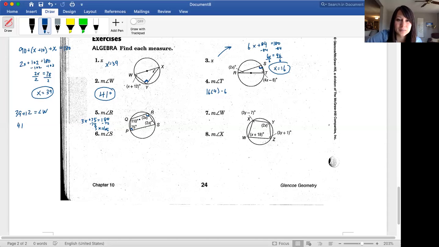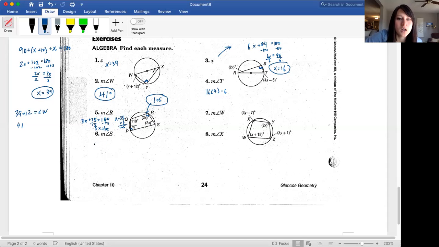So x is 35. Now x is 35. I know I'm running out of room. You might not want to do this on your paper, but I'm not done because it's asking me to find angle R. So I have to multiply that by 3, and that would be 105. So angle R is 105 degrees. And if you work it out and do 105 plus 75, that ends up being 180. So that works out.